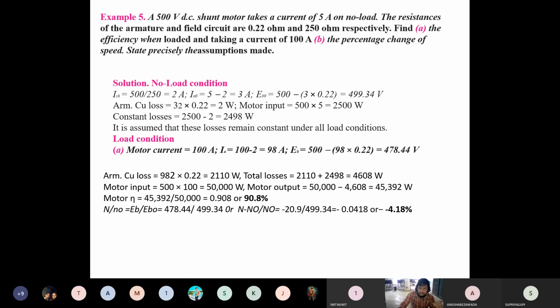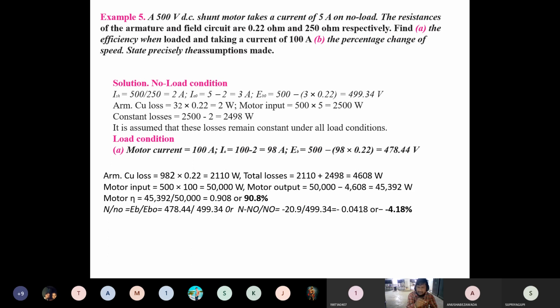We don't know the no load speed, we don't know the full load speed, but we know the back EMF at no load condition, already determined as 499.34 volts, and we know the back EMF at loaded condition, that is 478.44, and we know the relation. N is proportional to Eb by phi, but it is a shunt motor, that's why phi is constant. So N is proportional to Eb.